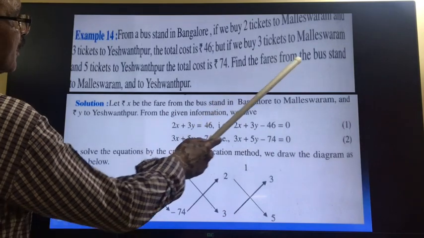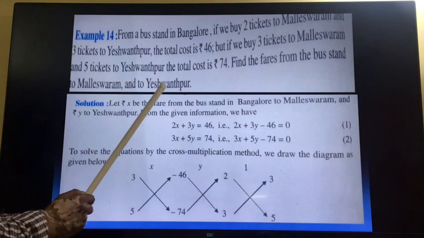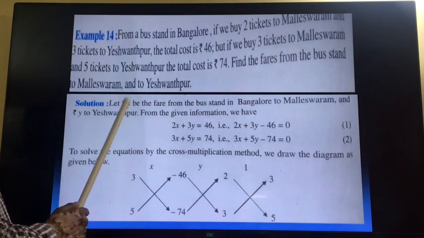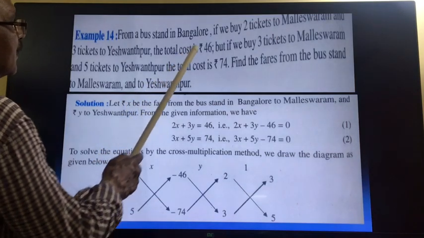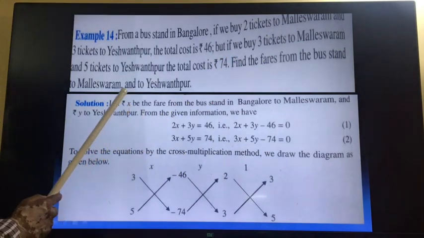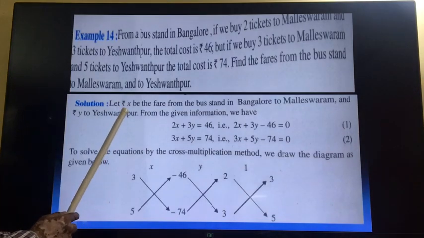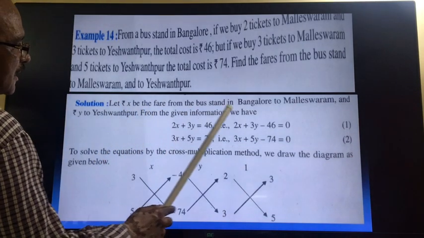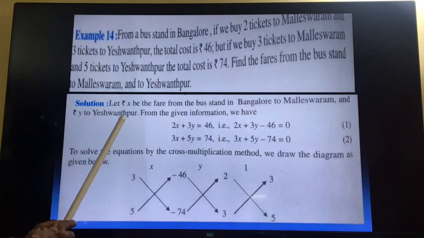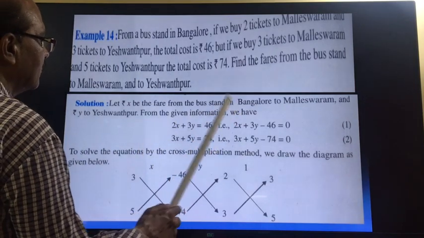You have to find the fare from the bus stand to Malleshwaram and to Yeshwanthpuram. Solution: let x rupees be the fare from Bangalore to Malleshwaram and y rupees to Yeshwanthpuram.